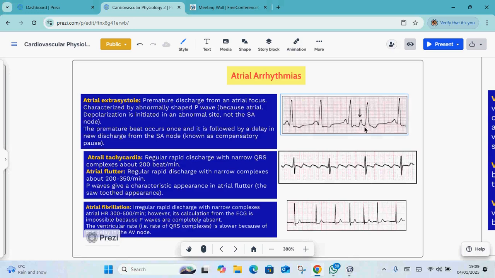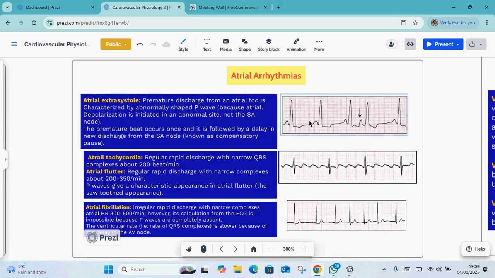Sometimes, we said, if you have P waves, this is sinus rhythm. If you don't have P waves, this is not sinus rhythm. Sometimes you do have P waves, but their shape is not normal, like this. They are deformed P waves. This is still sinus rhythm, but it's called extrasystole.